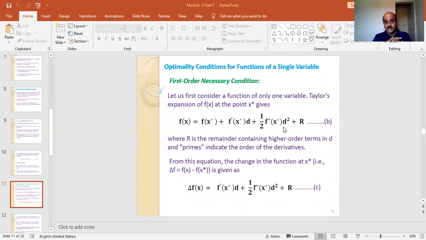So f of x star is subtracted here, and we get f single prime x star into d plus half into f double prime x star d square plus higher order terms. We'll take this as equation number 2.